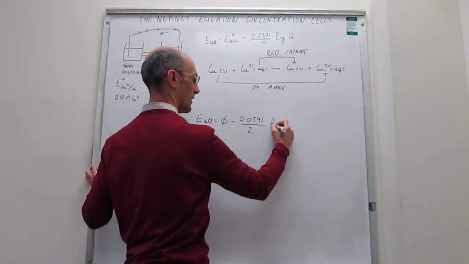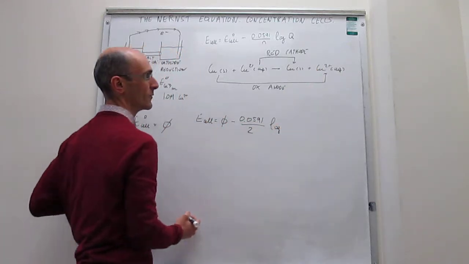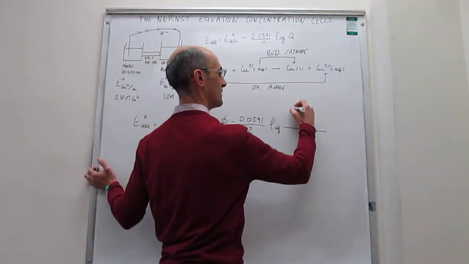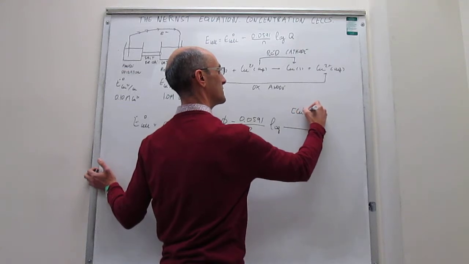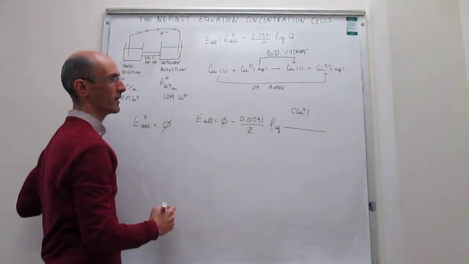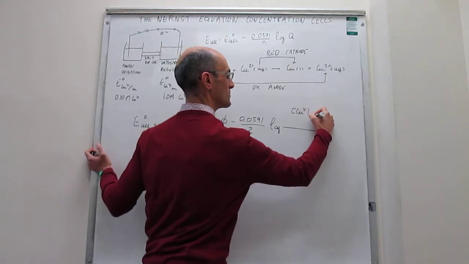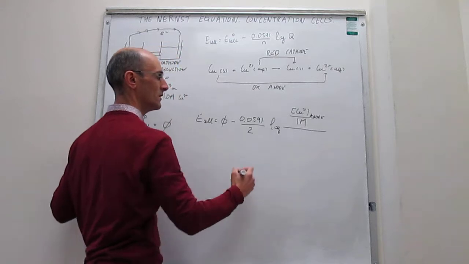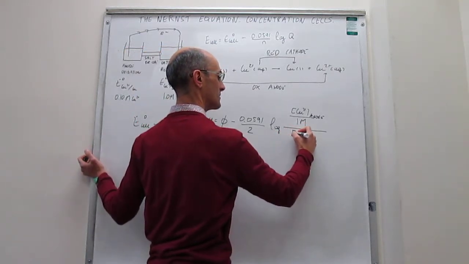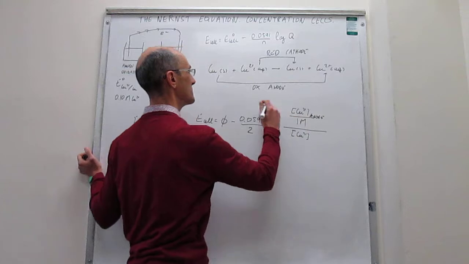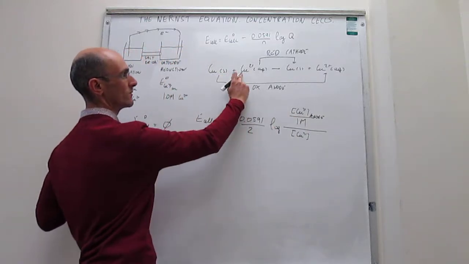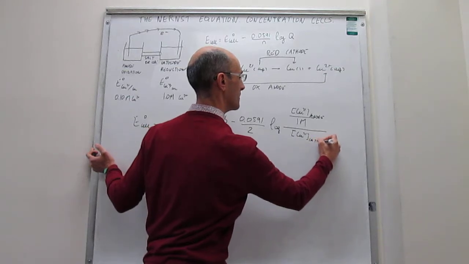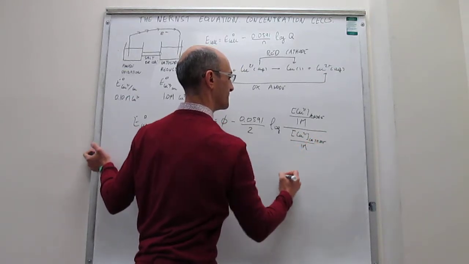And then here you have your logarithm of the reaction quotient, which will be the concentration of copper 2 plus here, and notice that that is working on the anode, divided over the reference concentration, 1 molar. And here you will have your concentration of copper 2 plus in reagents, but notice that in reagents, that copper 2 plus is in the cathode, so that will be the concentration of the cathode, divided over 1 molar.